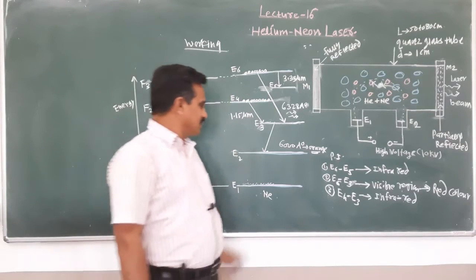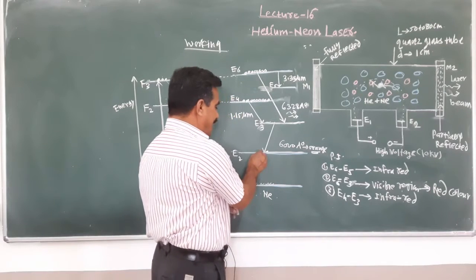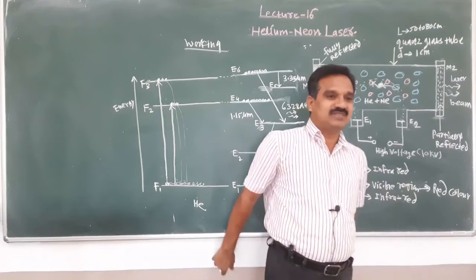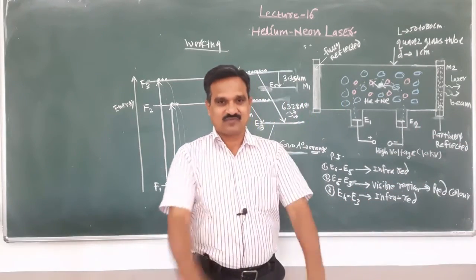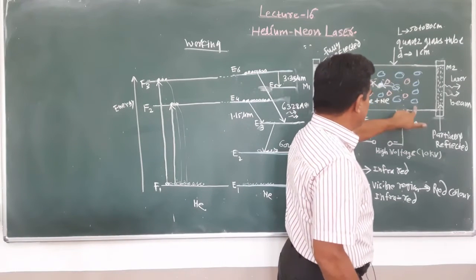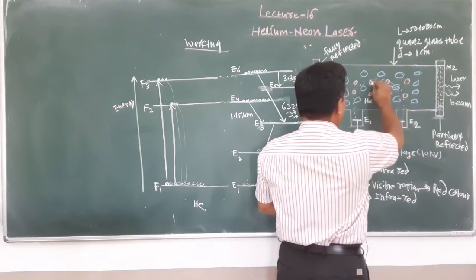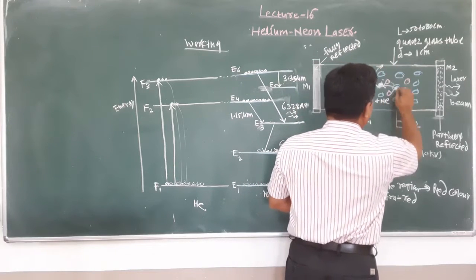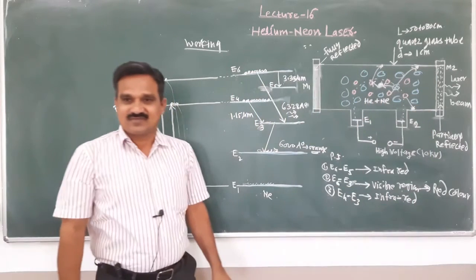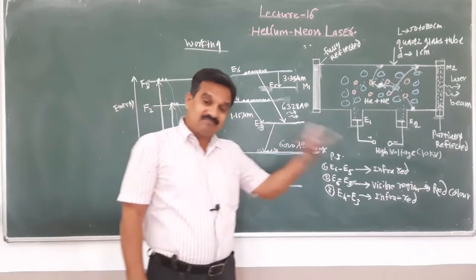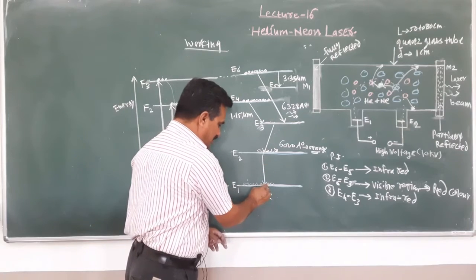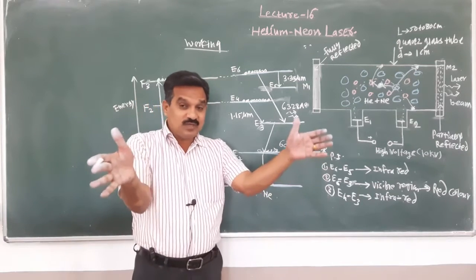For that purpose, the quartz glass tube is made narrow, and these atoms collide with its walls. During collision, they transfer energy to the wall and come back to the ground state. That's why the tube is made narrow.